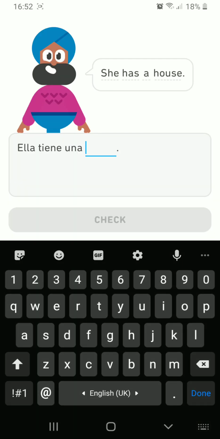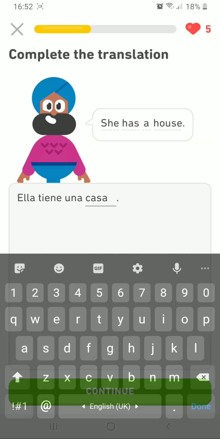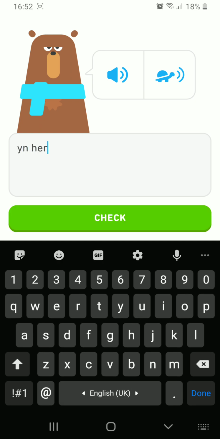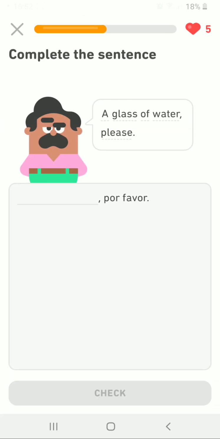So she has a house. Ella tiene una casa, of course. Un hermano y una hermana. Really nothing difficult here.